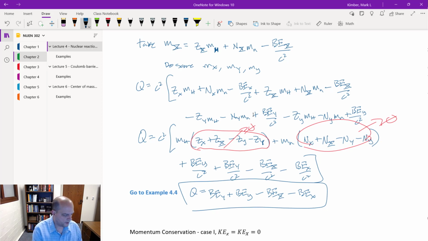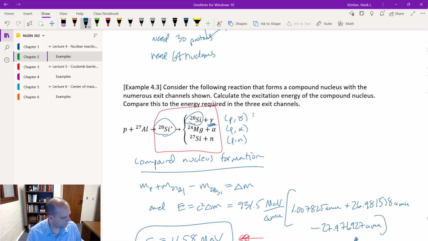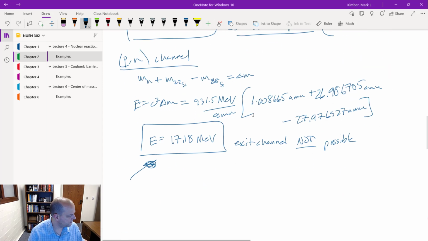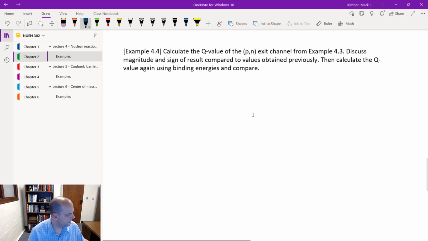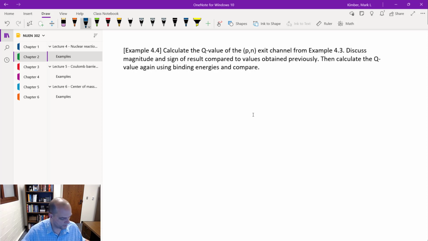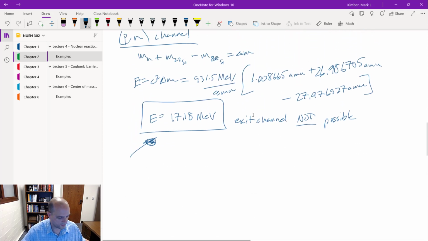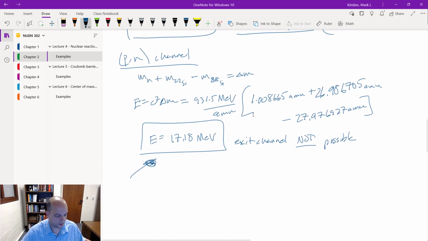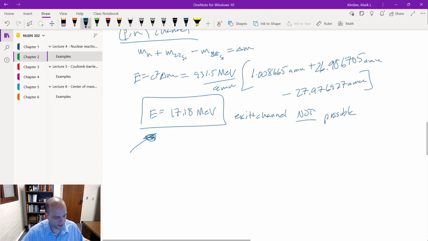Okay, so let's go to the next example. We want to calculate the Q value of the exit channel, the PN exit channel, what we saw on the previous example. And so just as a reminder, this is what we found for the energy required to create that from a silicon-28.